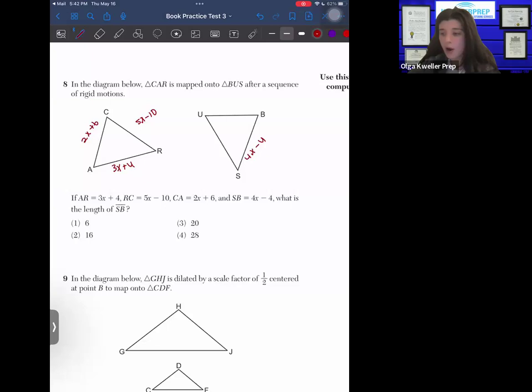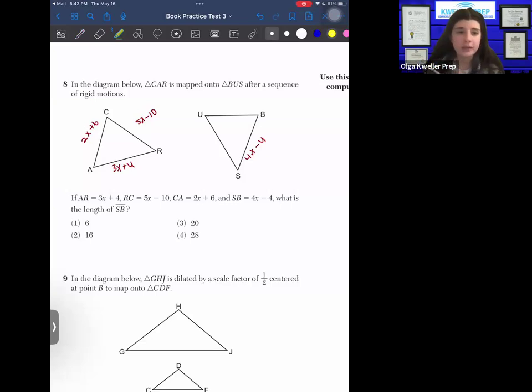Like if CAR is mapped onto BUS, what are they actually doing? They took this triangle CAR and what do they do to it? So what happened is they took this triangle CAR and they rotated it. Exactly. So now we have to figure out which sides are proportional to which sides.